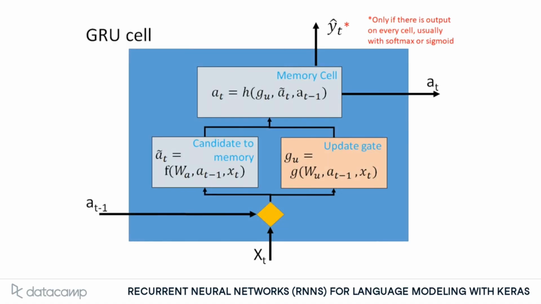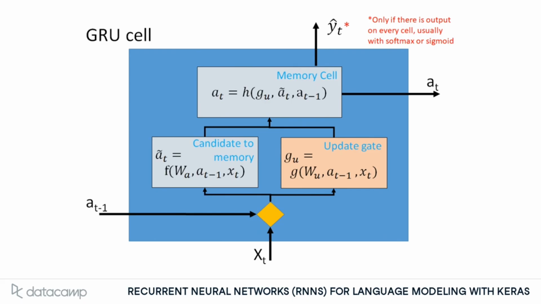GRU cells were proposed in 2014 and add one gate to the vanilla RNN cell. Now, before updating the memory cell, we first compute a candidate A tilde that will carry the present information. Then, we compute the update gate GU that will determine if the candidate A tilde will be used as memory state or if we keep the past memory state A-1.